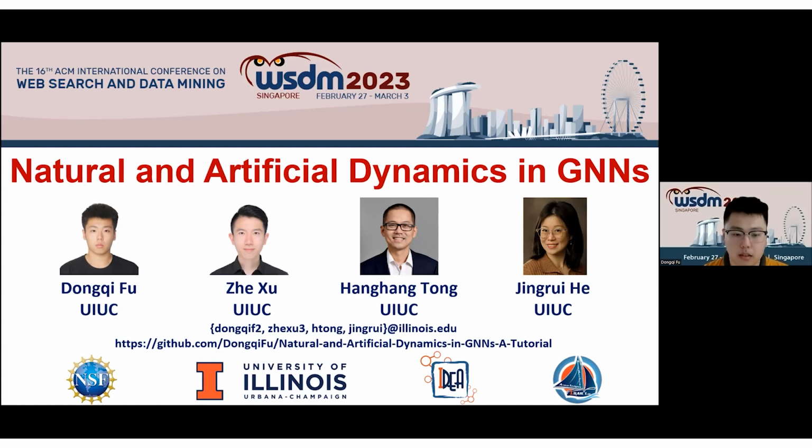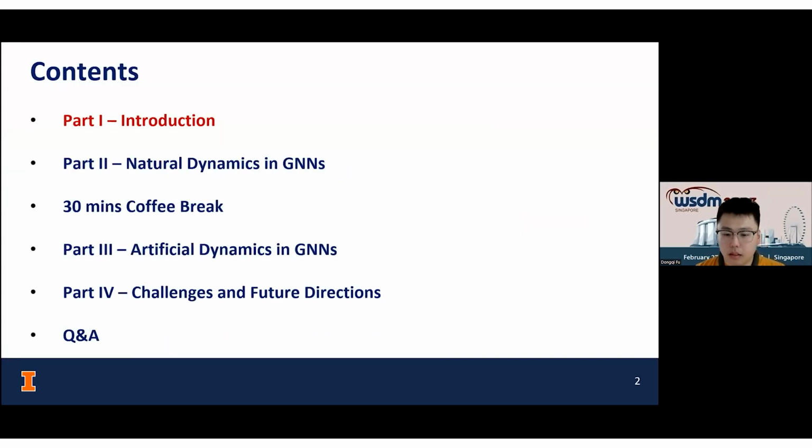So let's start. This tutorial will last for 3 hours, where we have 30 minutes reserved for the coffee break according to the conference agenda. This tutorial is hybrid. Part 1 and Part 2 will be virtual, and Part 3 and Part 4 will be offline.